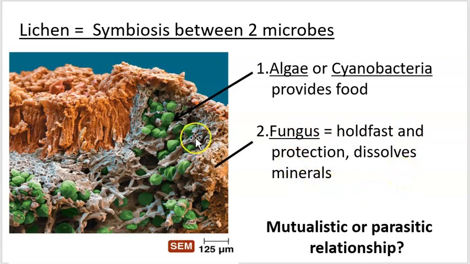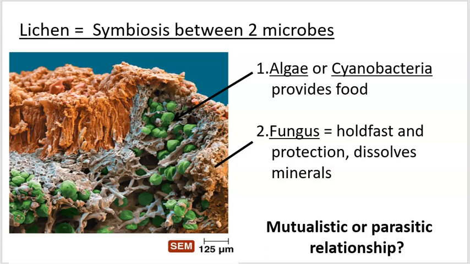And a lot of these lichens, when we look at their reproduction, are going to break off and get dispersed. But the fungus is the part that actually goes through the fungal reproductive cycle, and the spores that are produced as a result will have the algae or cyanobacteria stuck to them. The spores will float around because they break off, and they'll get carried around by the wind to disperse them.